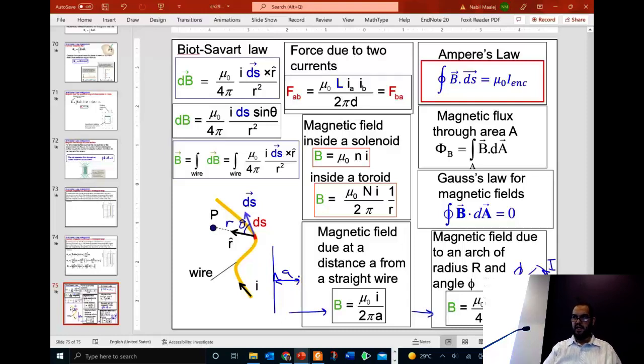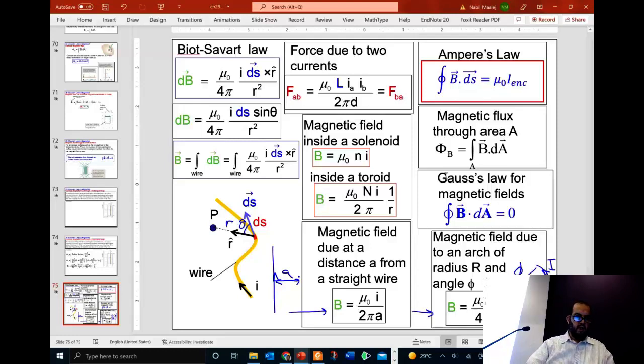We can determine the positive direction by determining the direction of your loop. If your loop is counterclockwise, you swing with your four fingers and your thumb points in the positive direction. Any current in that direction is positive, and any current in the opposite direction is negative. If the loop is clockwise, it's vice versa. So you can determine the direction of the currents.